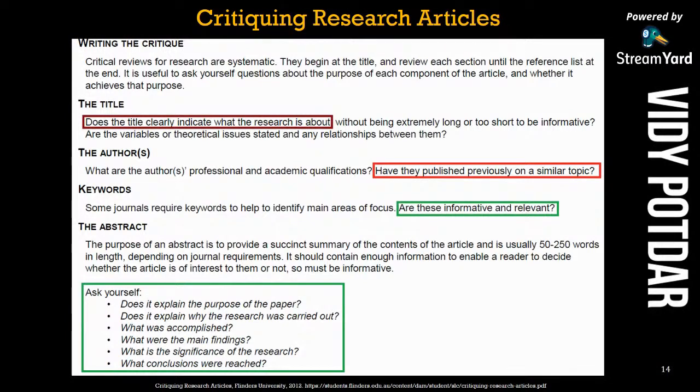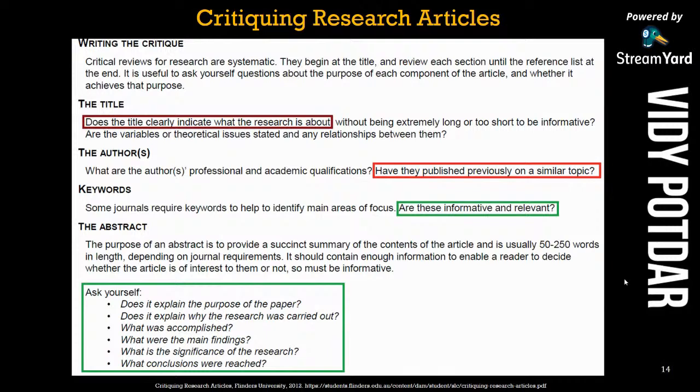All right, so here when we look at writing the critique or writing the literature review, when we are criticizing literature, what we have to do is look at all the different aspects of the research paper and evaluate how good they are, or if they have any drawbacks.